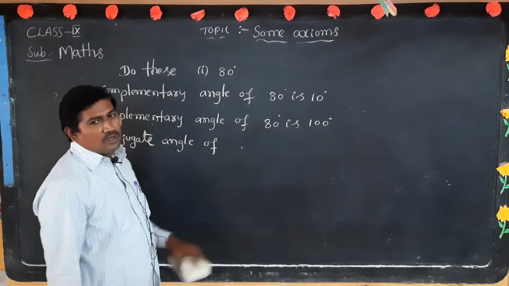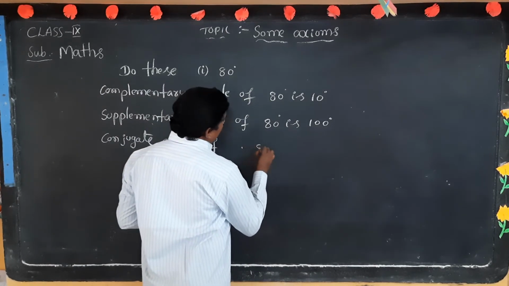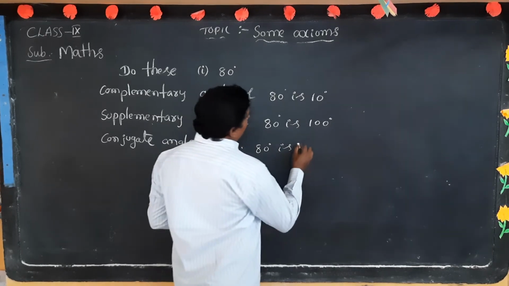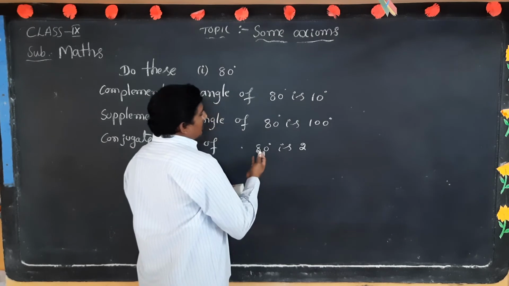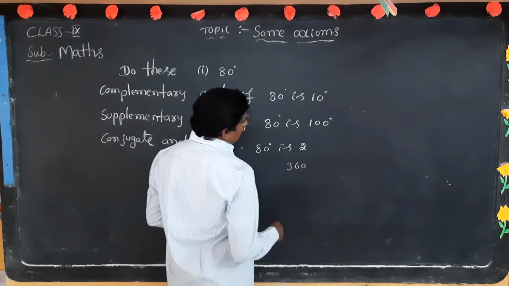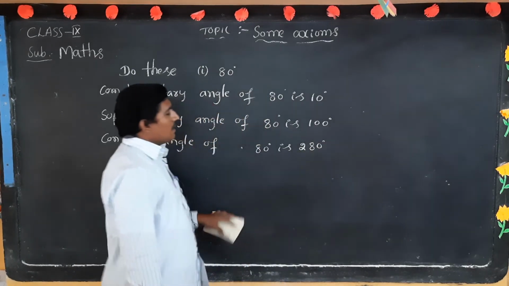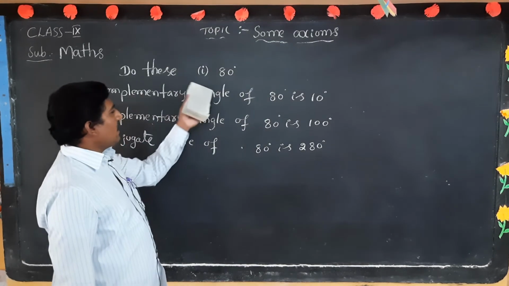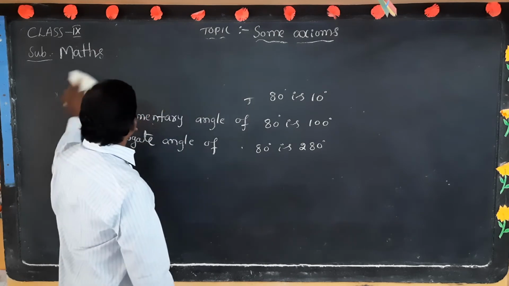Both adding gives 180. The conjugate angle of 80 degrees is 280 degrees, since we want a total of 360. Both adding gives a total of 360 degrees. Here 90, here 180, here 360 degrees.